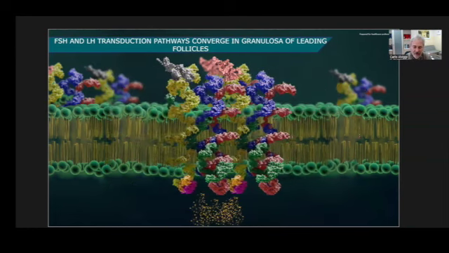So we can hypothesize that if the FSH activity is very low, and this is physiological, because at the end of folliculogenesis the activity of FSH is very low, LH can support this FSH activity, and can even substitute the FSH activity.